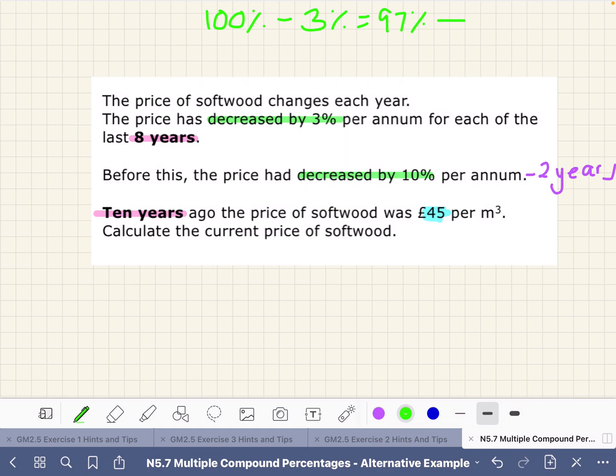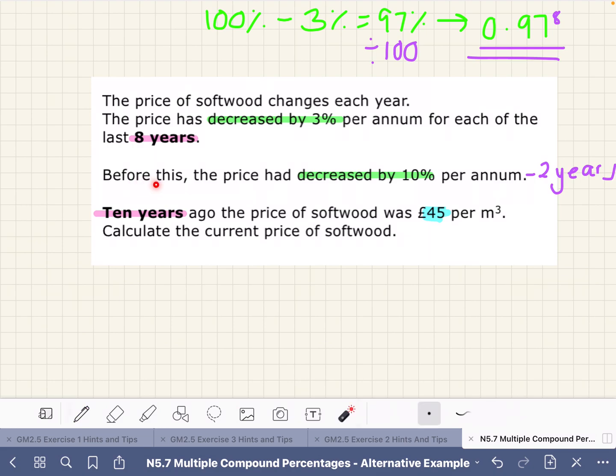We wanted to change this to a multiplier by dividing it by 100, which gives us 0.97 as our multiplier. We need to include how many years this happens for as a power, which gives us 8 as a power there. We're going to use that later.